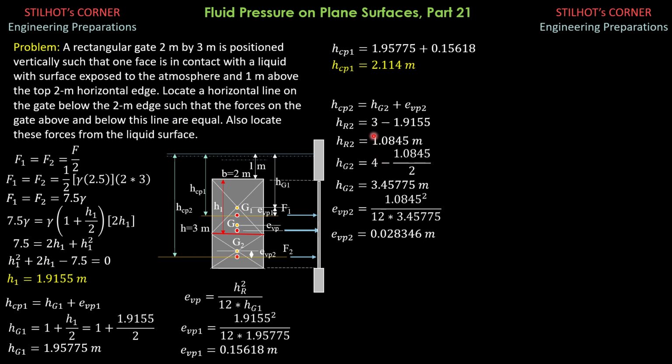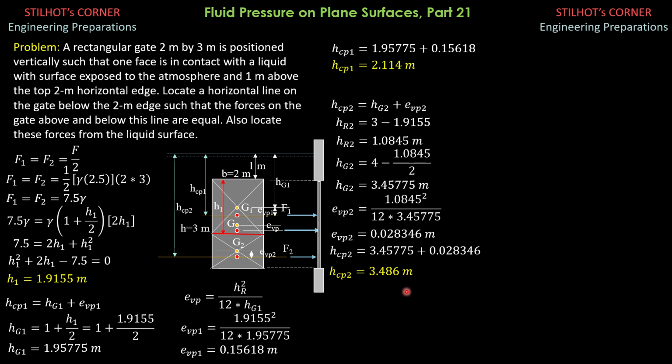We can then calculate H sub CP2. It is Hg2, 3.45775, plus 0.028346. So H sub CP2 is 3.486 meters.